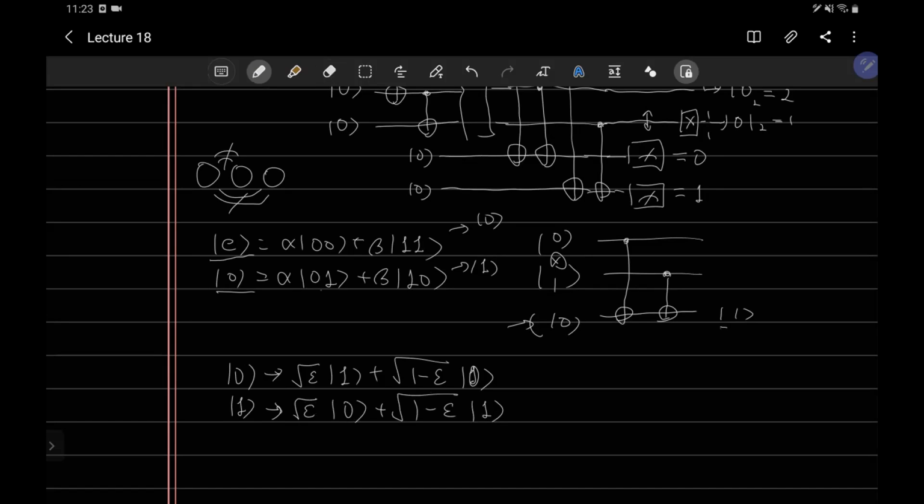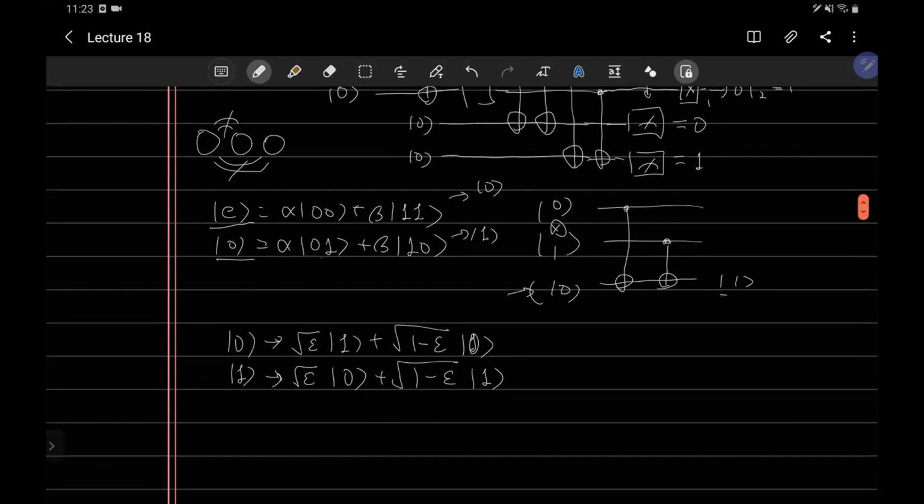So if we have this kind of error, let's say I have the state alpha 0 0 0 plus beta 1 1 1.